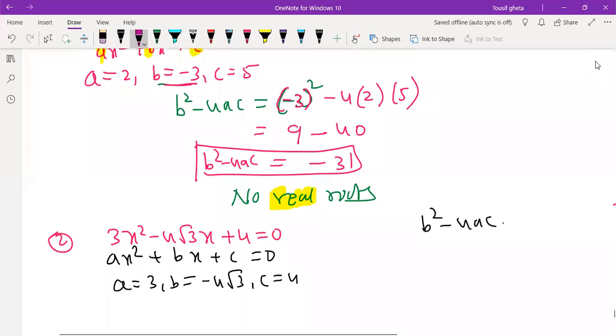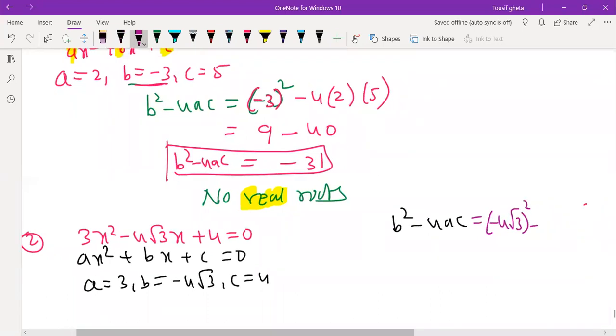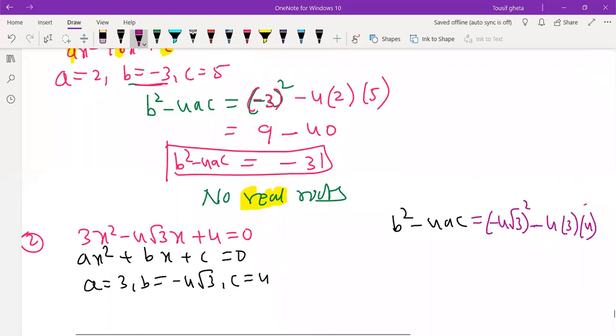So b square is nothing but minus 4 root 3 whole square, minus 4ac. Very good.